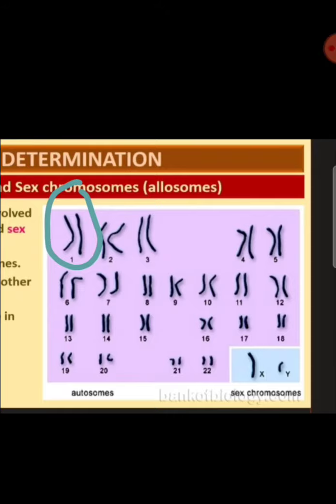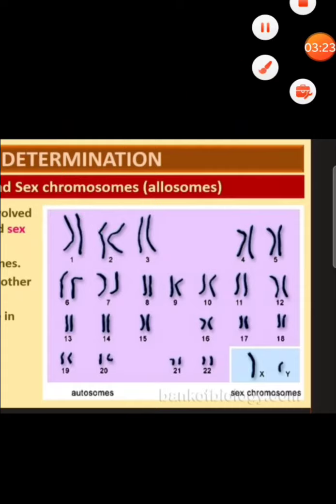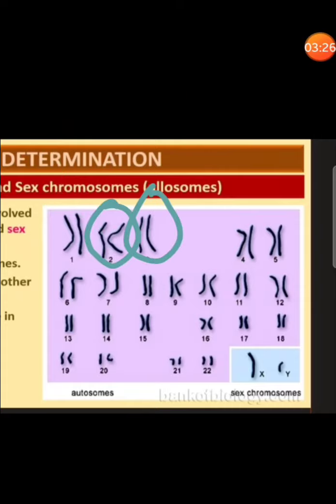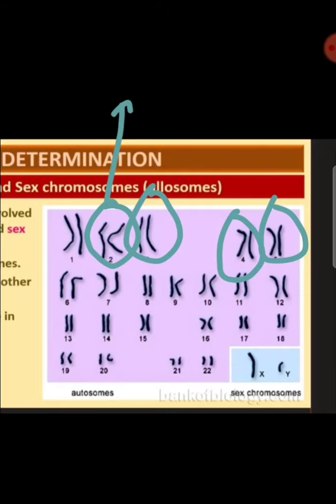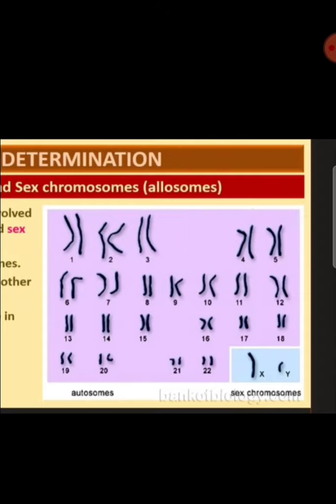In each pair, one chromosome is inherited from the father and one is inherited from the mother. Each chromosomal pair will be the same way, okay? One inherited from father, the other inherited from mother, same thing in each case.